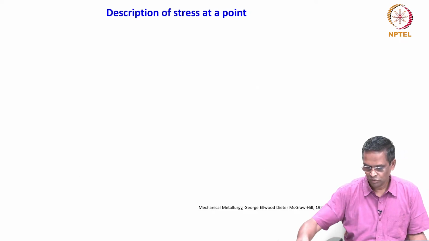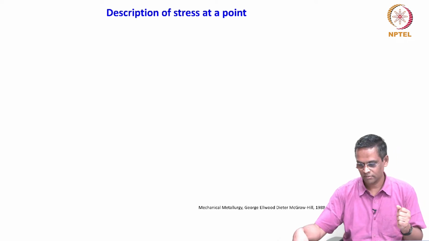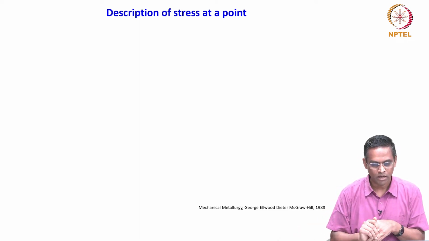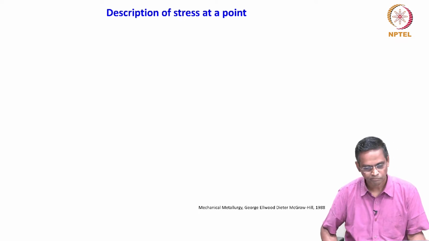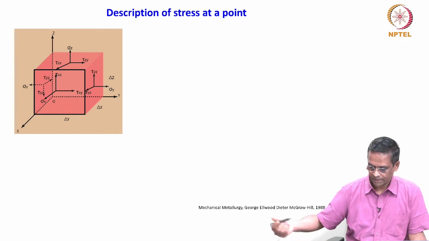So, having introduced the notations of stress and strain, we will now focus on the description of stress at a point. How do we describe the stress at a point?